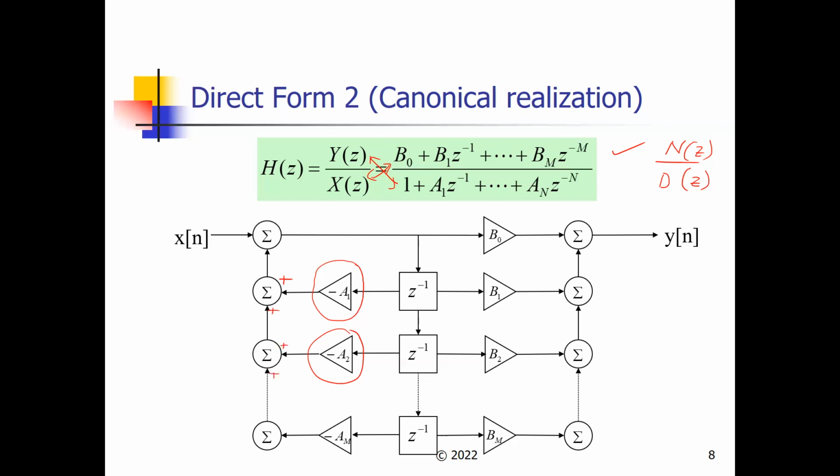Some textbooks, and even MATLAB, it varies from version to version, would put the A's here exactly as you read it here, and then put the minus signs on the summing junctions. Whatever you do, I am not too concerned if I ask you, or you see in the past papers or the problem sets, to draw the representation here. You can do it either way for me, but just be consistent.